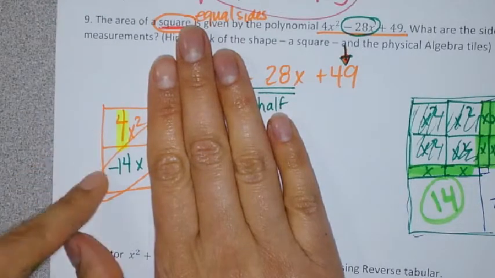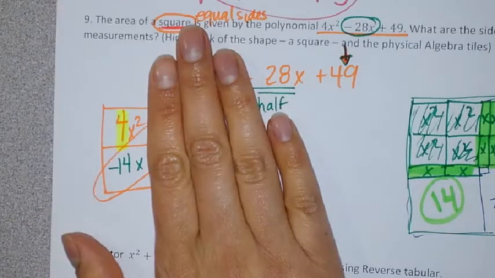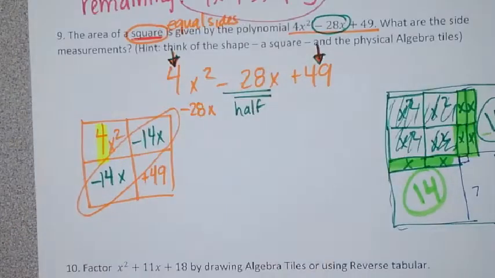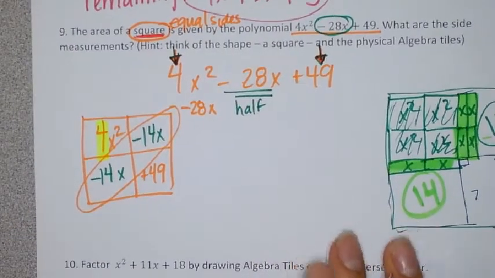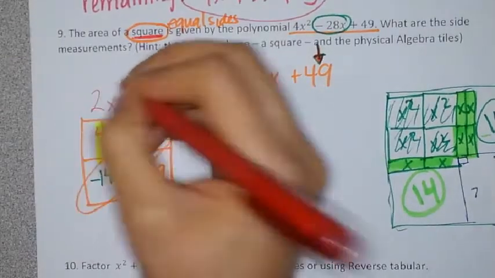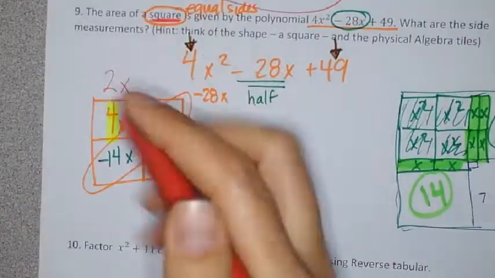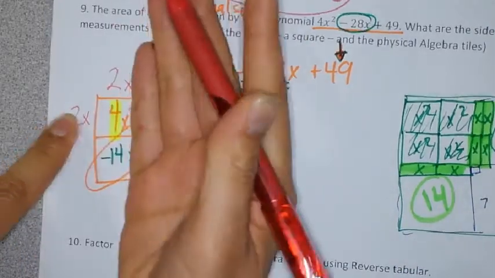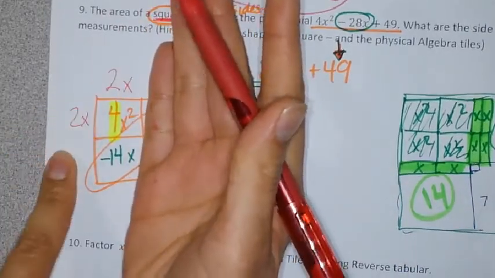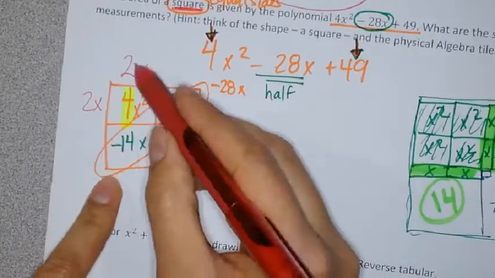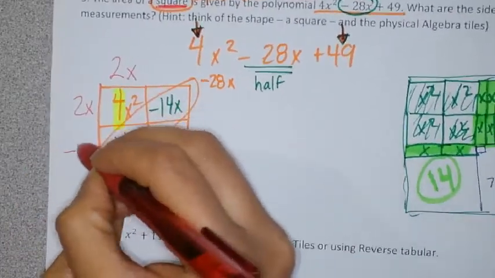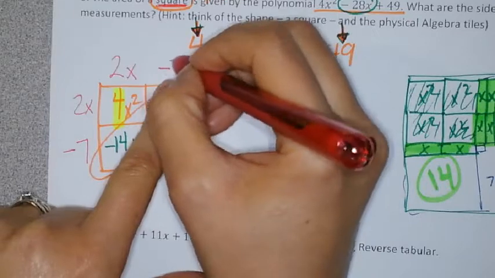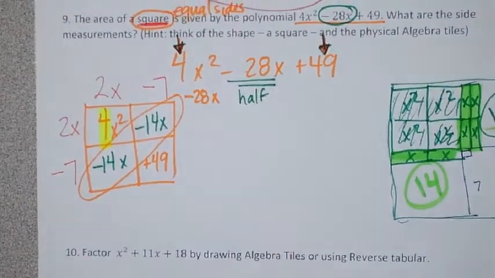So here the GCF would be 2x for these two. Okay, and then you continue. So if this is 2x, this must be 2x as well, which makes sense because they have to be the same. And this is going to have to be 2 times what gives me negative 14? Negative 7. And this must be the same because they are perfect squares.